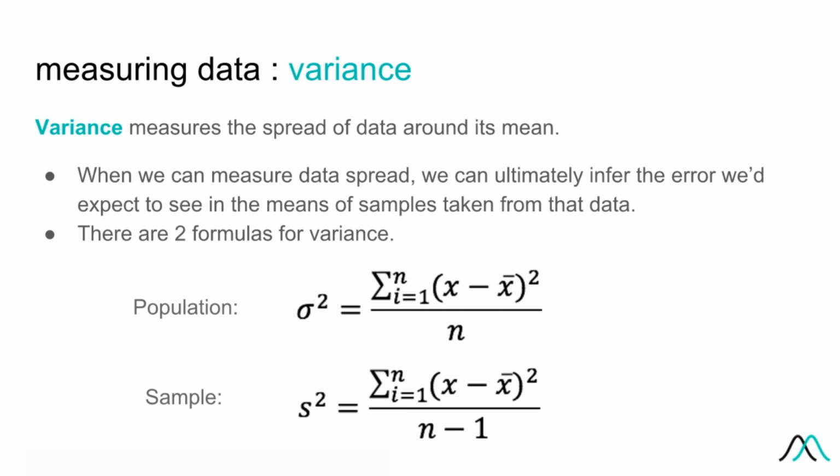The second difference to note is the different denominators. Population variance finds its average by dividing by n, like you'd expect, but sample variance divides by n minus 1. Why? Remember that in our example, we can't calculate the Sasquatch population's mean height because we couldn't measure every Sasquatch.